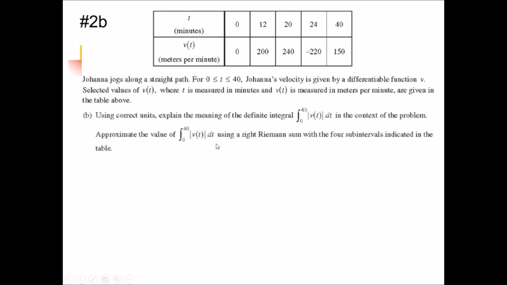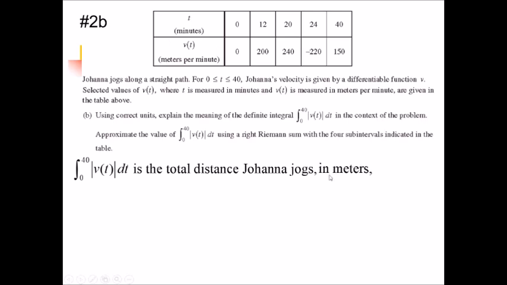For this part of the problem, they want us to, using correct units, explain the meaning of integral from 0 to 40 of absolute value of v of t dt in the context of the problem. So let's do that first, and then we'll answer the rest of this. So this integral here is basically, since we're taking the absolute value of velocity and integrating it, forcing basically everything to come out positive and pretty much ignore direction changes, this is giving us the total distance that Joanna jogs, and that distance is going to be in meters over the interval from 0 to 40 minutes.